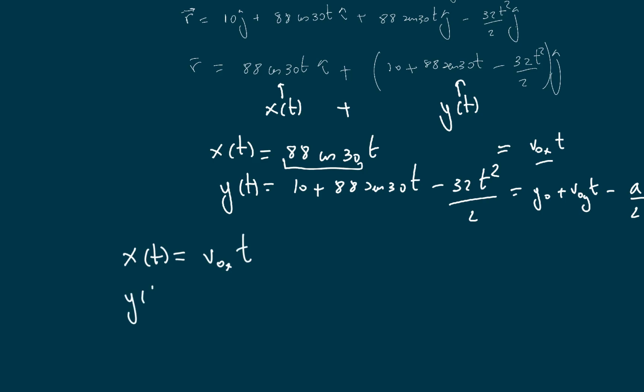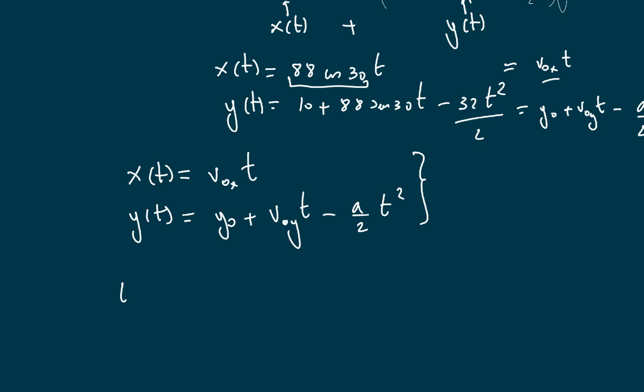And y of t is y0, the initial height, plus v0y times t minus a divided by 2 t squared, where a, in the case of gravitational acceleration on Earth, is 32 feet per second squared, or if you want to express it in meters per second squared, it would be 9.8 meters per second squared. So how will I find that this is a parabola? Well, t will be x divided by v0x.